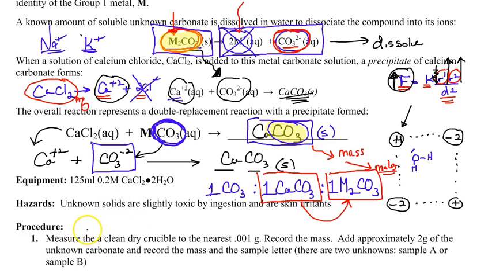Now, what do we do with that? Well, we know that the formula mass, sometimes we'll write this as fancy M, pinky up, molecular mass, this is really a formula mass, but it's the same formula, is grams per mole. So all we have to do is, if we know the original grams of our salt, and we will, and if we can figure out the moles of our salt through the precipitate, who has that information that we need with the right stoichiometric ratio, we can solve for the molecular mass, or in this case, the formula mass.